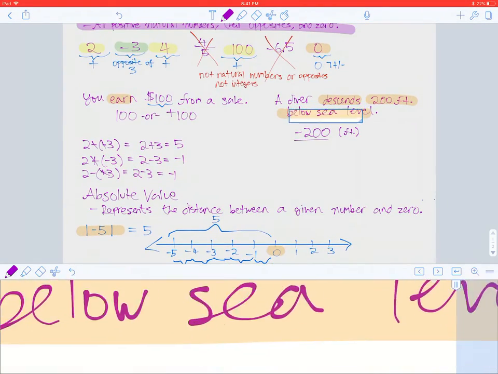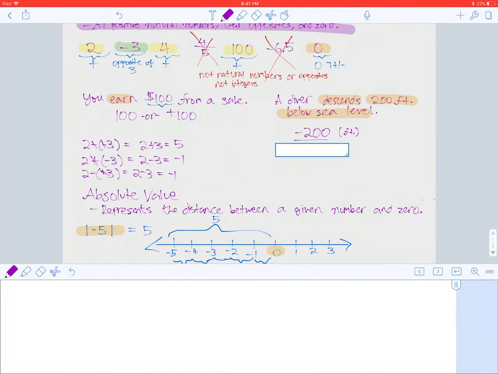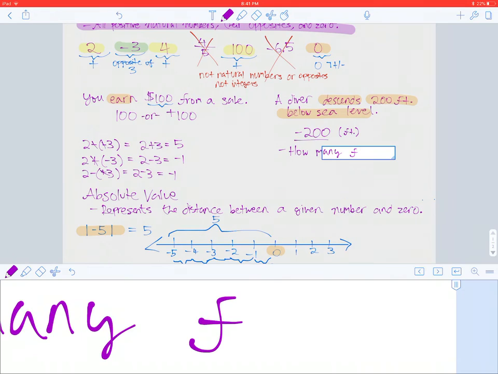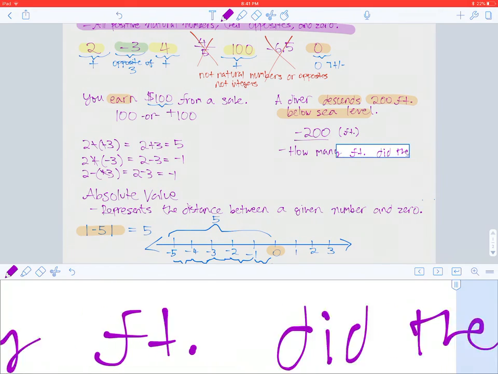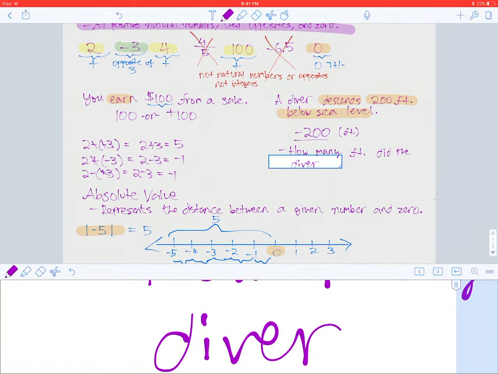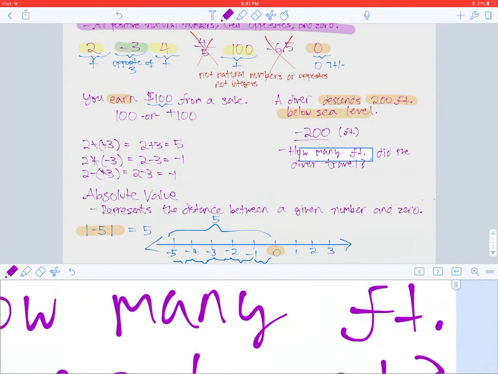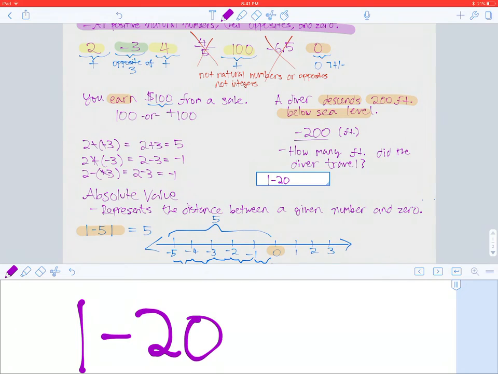Okay. Now, with this in mind, if we were to go back to this diver question and ask something else, like how many feet did the diver actually travel? This is a different context, because it's not asking you how to represent the below sea level thing.